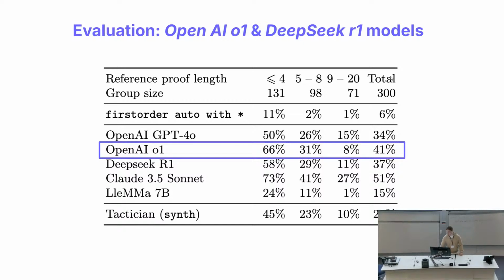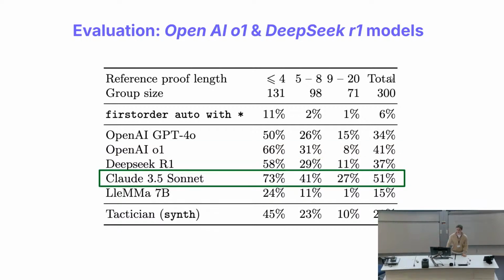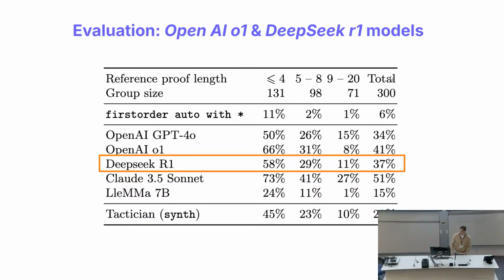We have benchmarked on the O1 model, and it showed great improvement in comparison to GPT-4o, but it was not as good as Claude 3.5, which was dominating O1. Also, we have benchmarked on the DeepSeek R1 model, which showed performance comparable to O1, but for an order of magnitude lower price.